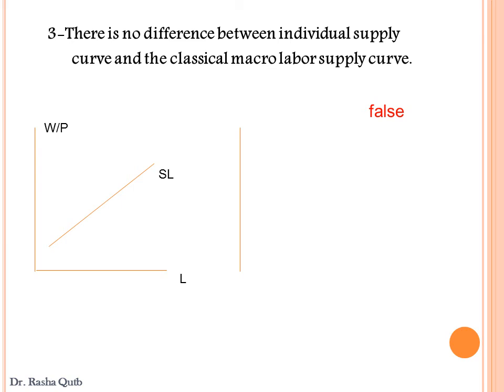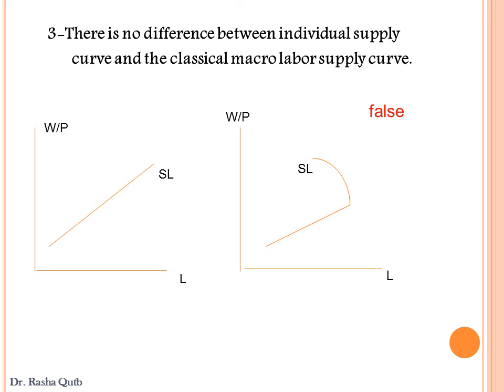This is not the case for the individual supply curve, or the micro labor supply curve. It is backward bending, which means that at a very high income, the number of working hours would decrease, and workers prefer to get more leisure time and less work.